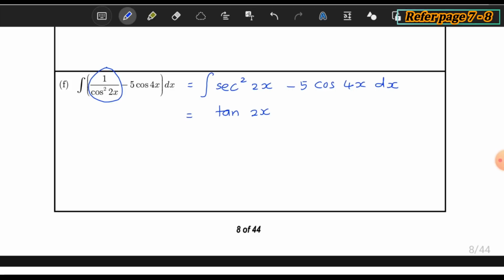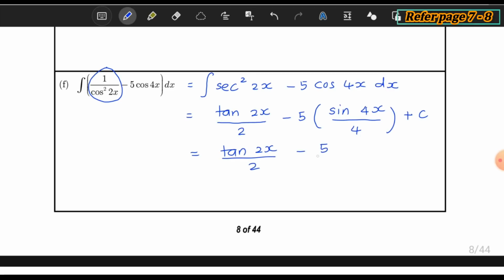Never ever change the angle. And don't forget to divide by 2 from the derivative of the angle. Minus 5, the constant, integrate cos 4x is sin 4x over 4, plus c. So the final answer is tangent 2x over 2 minus 5 over 4 sin 4x plus c.